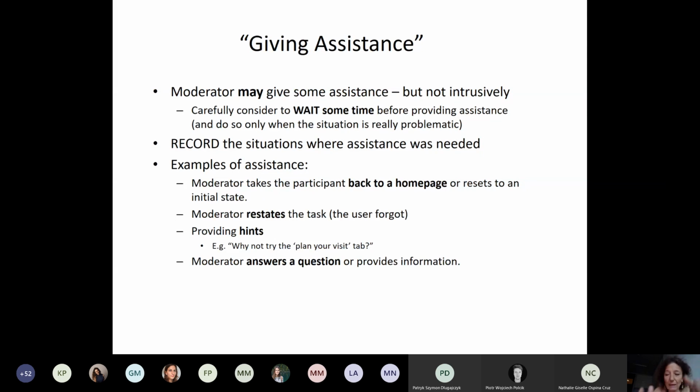Or putting it in other words, if you have 5 users and 3 of them use a remote modality and 2 of them use a side-by-side modality in the lab, in your office, at your home, you have some biases because the results are not comparable because the users are biased by the different setting.